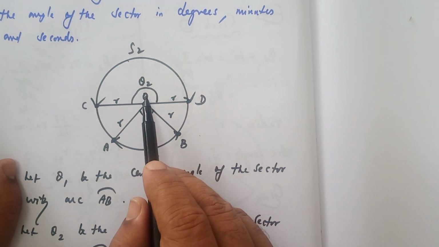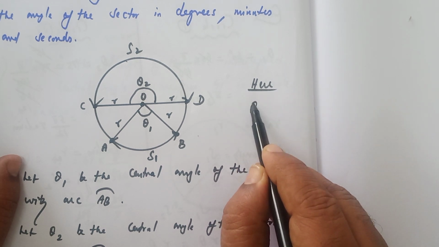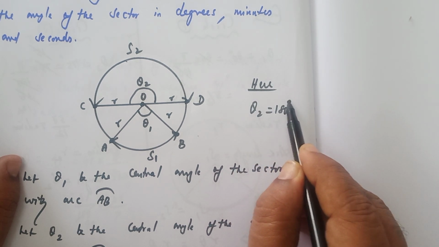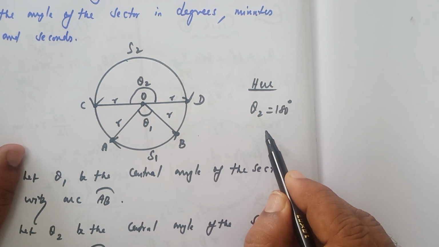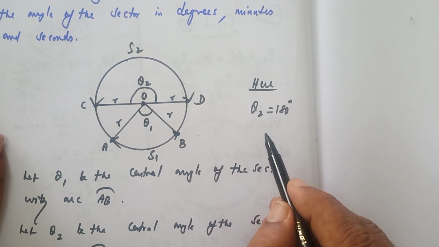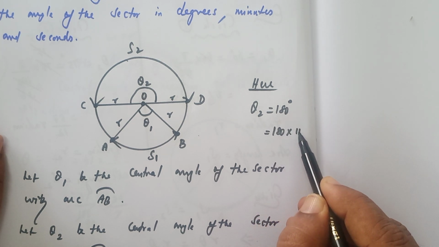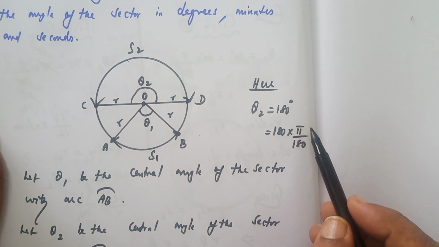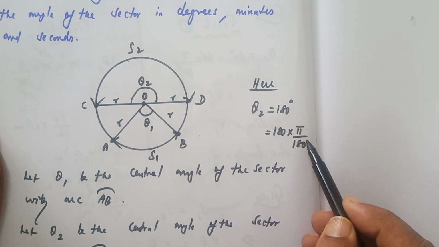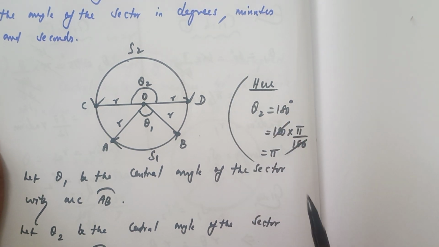Here theta 2 is equal to 180 degrees. I can write theta 2 in radians as 180 into pi by 180. For converting degrees into radians, multiply by pi by 180. The 180 gets cancelled, so theta 2 is equal to pi radians.